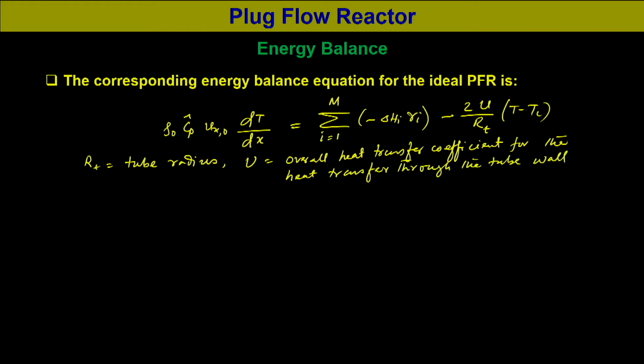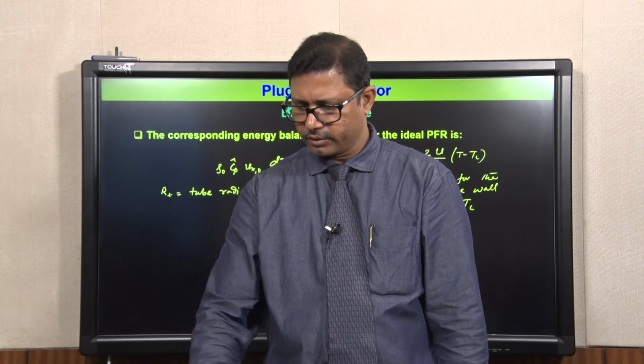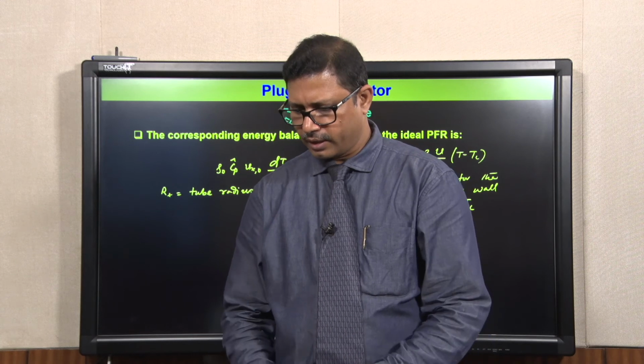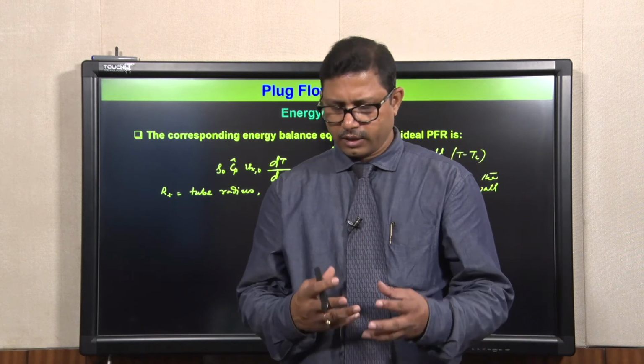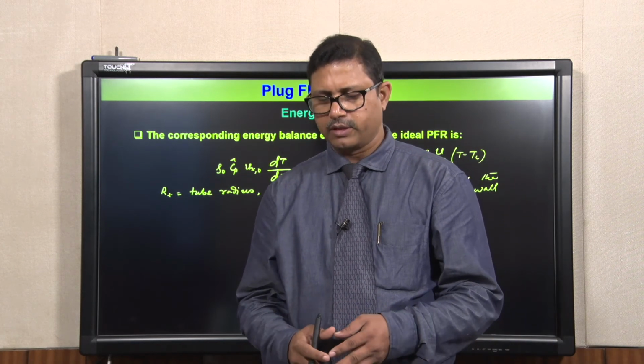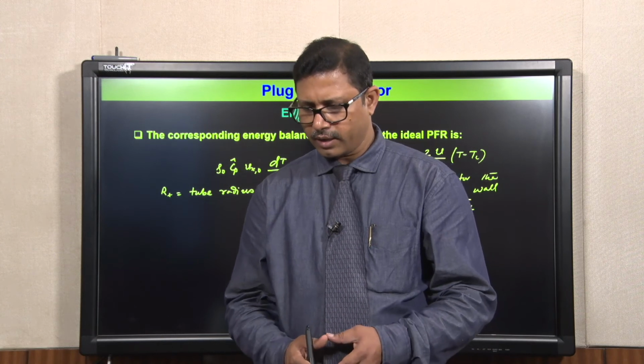So, this heat transfer is through the tube wall to a heat exchange fluid maintained at temperature Tc. So, this heat flux could take many other forms depending on the heat transfer area and the tube diameter and all. So, the other terms are the typical density, heat capacity and velocity we have defined earlier.